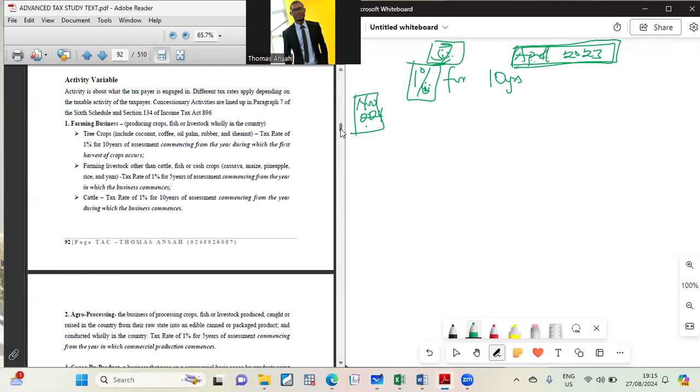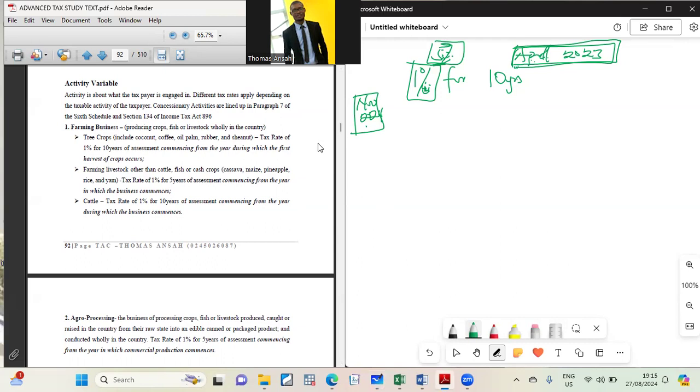So all the 1% that I'm going to mention changed in April 2023 to 5%. So depending on the timing of the question, you have to apply the rate. If this book is to be reprinted next year, this 5%, 1% will be out. But you are writing your exam in November. So be very careful.